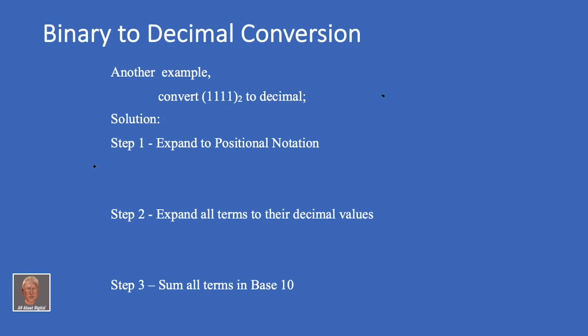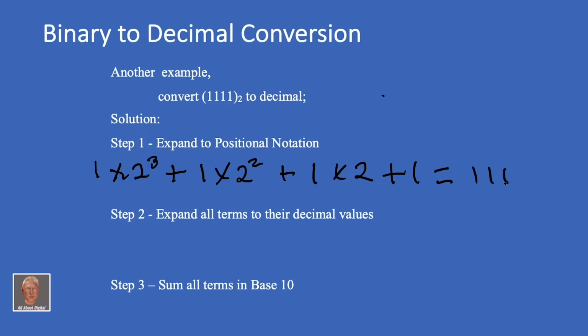So we have d3, which is a 1, times 2 to the 3, plus a 1 times 2 squared, plus 1 times 2, plus 1. And that's equal to 1111 base 2.